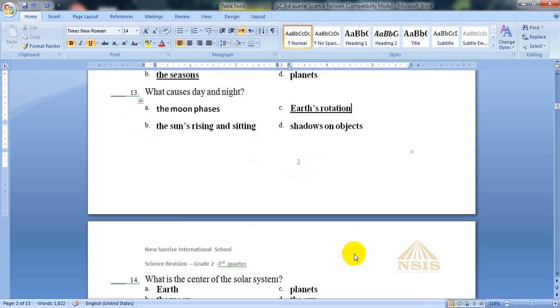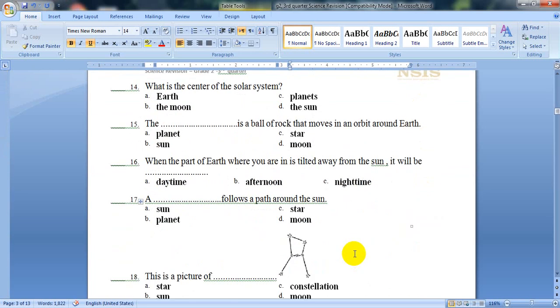Now we will move to page 3, question number 14. What is the center of the solar system? Is it Earth, the moon, planets, or the sun? Earth is not the center, because we said Earth is just one of 8 planets moving around the sun.